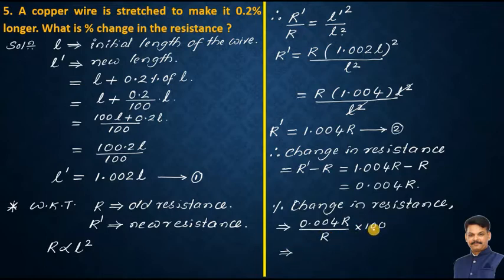Therefore, R is cancelled, and when 100 is multiplied, it will be adjusted for 2 decimal places. Hence, the answer will be 0.4%. So, therefore, 0.4% is the percentage change in the resistance of the wire when it is stretched by 0.2%. Okay. Hope you got the solution.